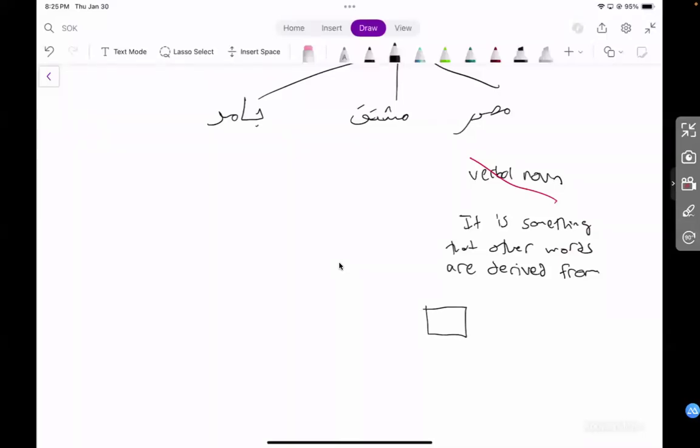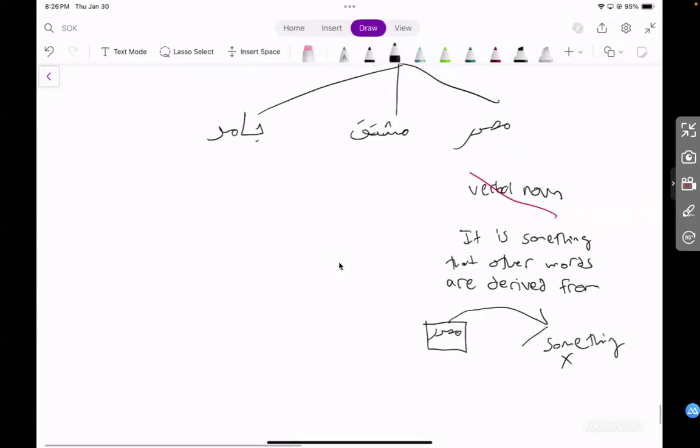So this is a masdar, and from this origin, you're able to extract other words. It's basically like the roots of a tree, and then other things are like the branches. So this is the origin, and other words are derived from it. And I'll show you exactly what I mean after I talk about mushtaq.